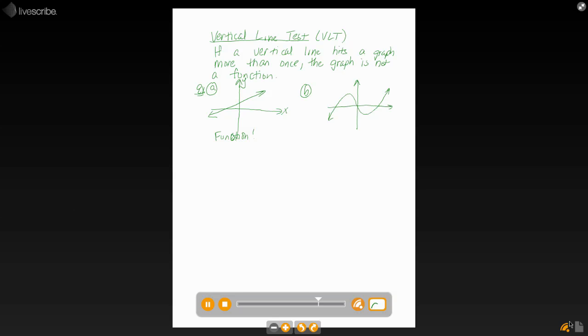Look at the vertical line, the pen, and see where it's touching the graph. It only is touching it at one spot, right? Keep moving it. Even here, it's only hitting it at 0, 0, right? And any vertical line is only hitting the graph once. So is it a function? Yes. It's a function.